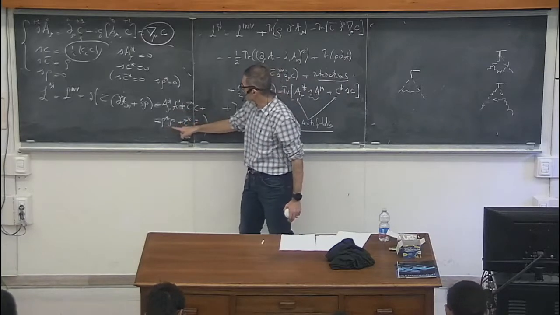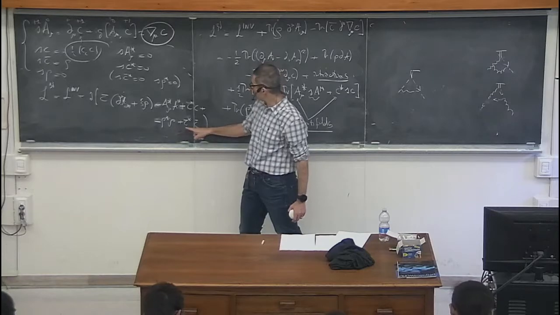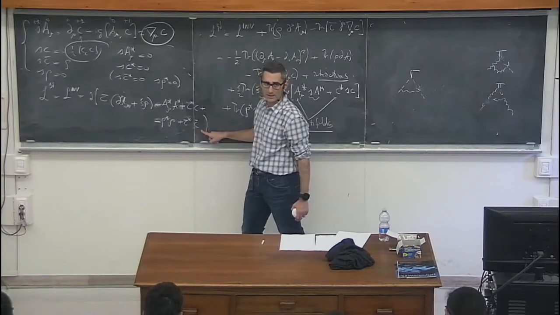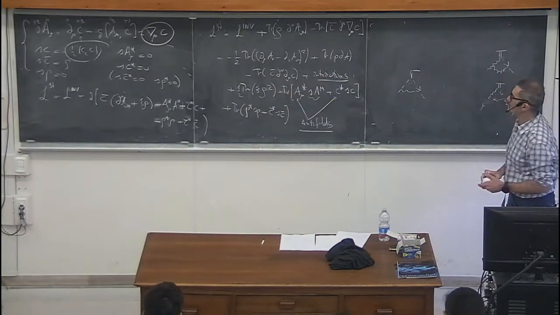Again the same game: rho star is anti-commuting because rho is commuting, and C bar star is commuting because C bar is anti-commuting.